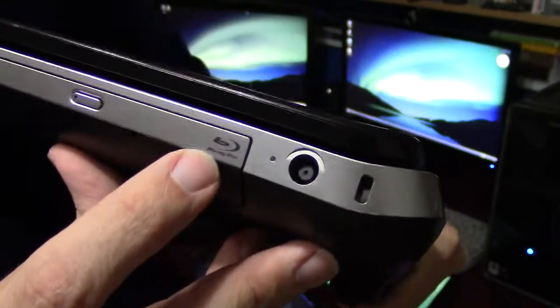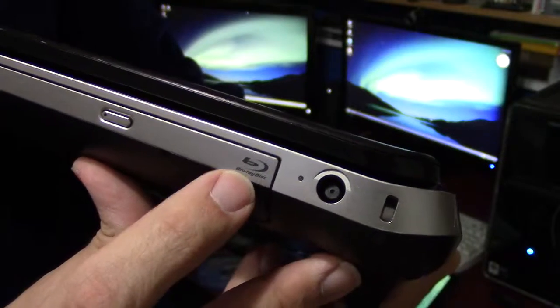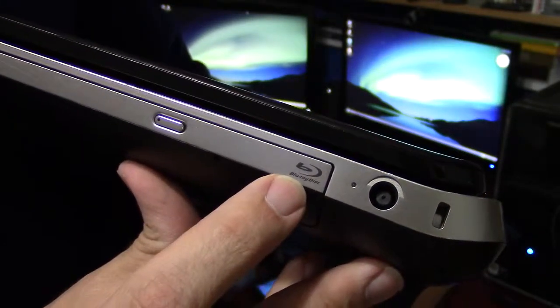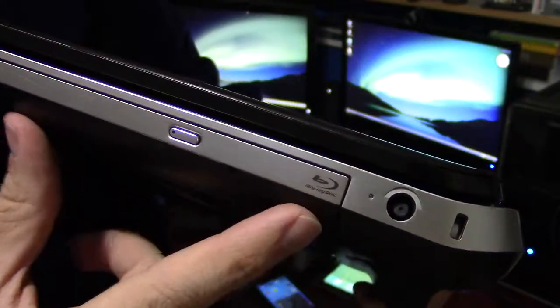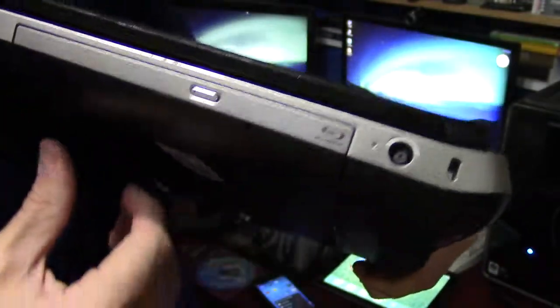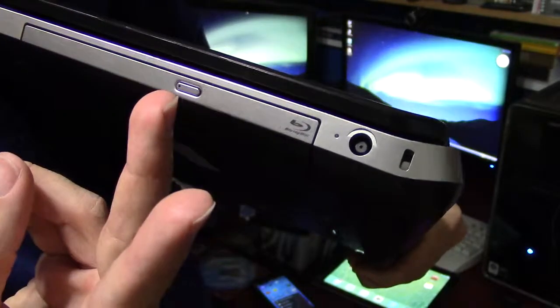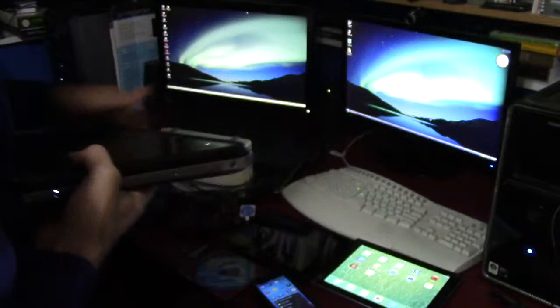And so that probably means that we can put in a Blu-ray disc, it'll play, DVDs and CDs will play. It doesn't really say whether or not we can record to any of those devices. I happen to know that this drive will record to a blank DVD or a blank CD. And those are the three major kinds of discs. There's the CD, the DVD, and the Blu-ray disc. Those are the three major kinds right now.